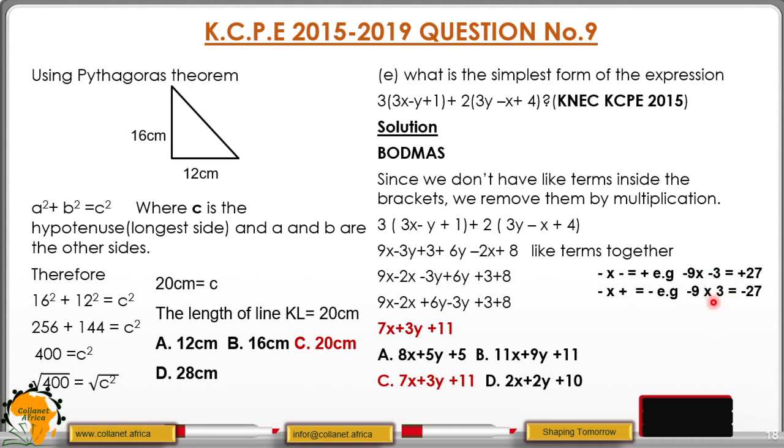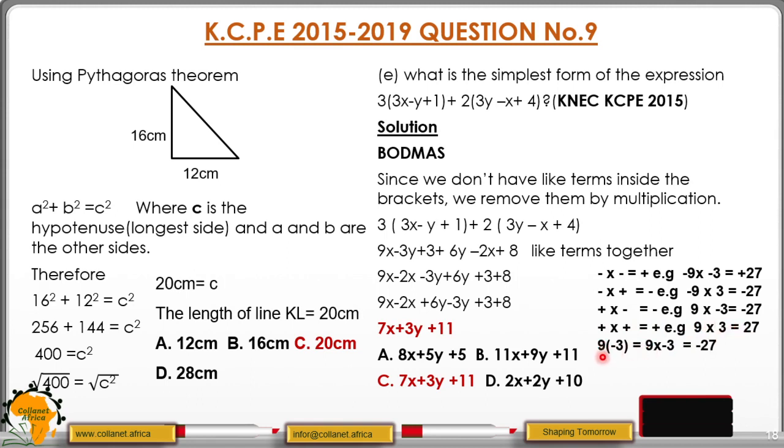The positive is silent. So negative times the silent positive, you get negative, and then 9 times 3, you get 27. The same case applies to positive times negative. This is just interchange of the other one. You get negative 27. So the 9 here carries a positive sign. Now positive times positive always gives you a positive, e.g. 9 times 3, you get 27, meaning there is a positive here and a positive there.